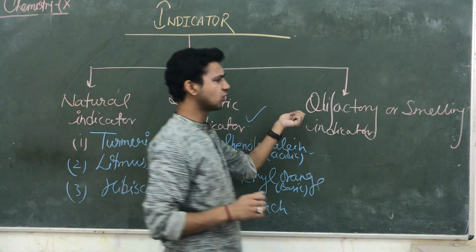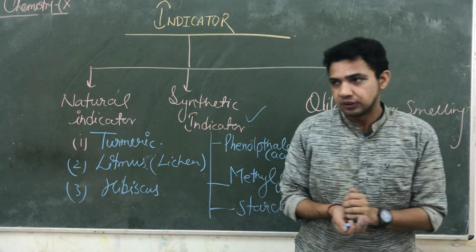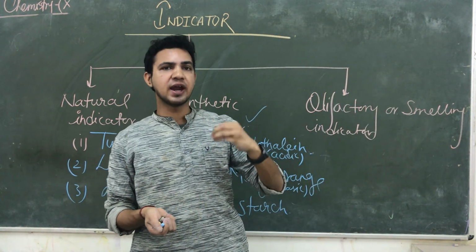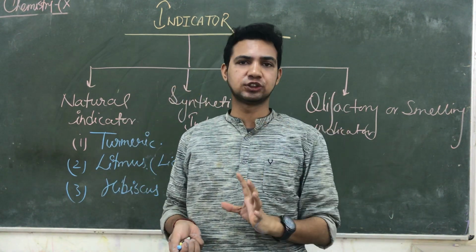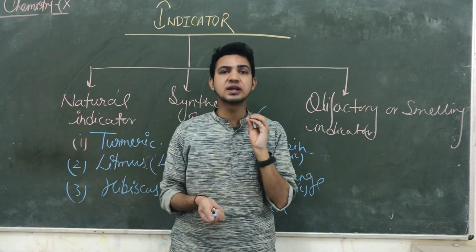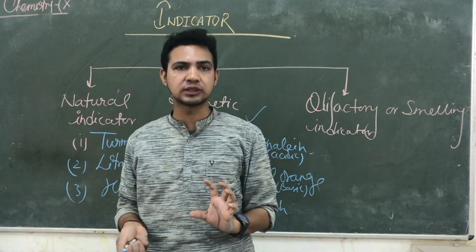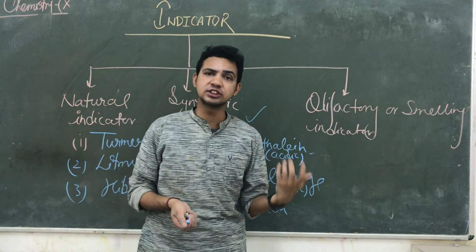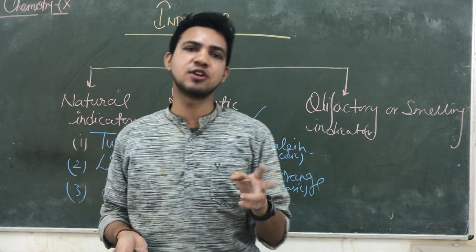Next one is the olfactory or smelling indicator. Here are our daily life examples. If we add something inside any dish or in any process, अगर किसी substance को किसी process में डाला जाता है तो suddenly they change their smell. So by changing their smells, we say it is acidic or basic in nature.